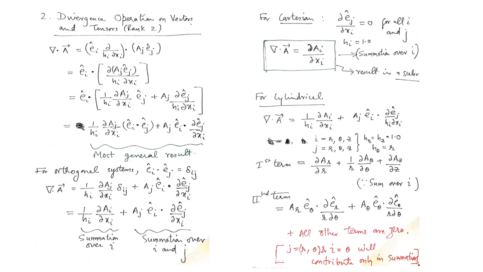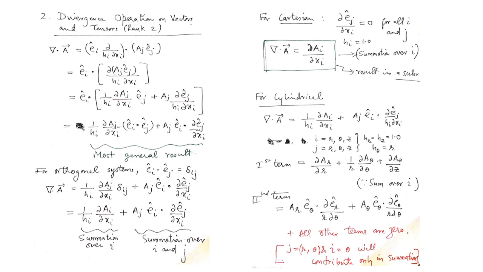Remember, it is del dot V, V being the vector. So, if you look at this operation on vectors, by now you are familiar with how to proceed, so I'll do it relatively quickly.